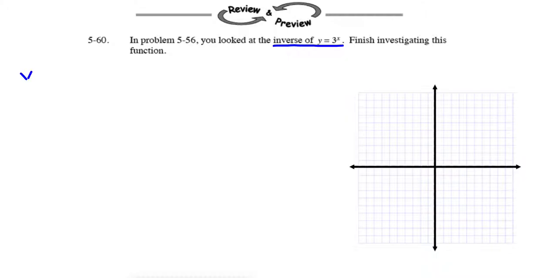So if we think about y equals 3 to the power of x, the inverse here is going to be the equation x equals 3 to the power of y. So we're looking to investigate this function here.